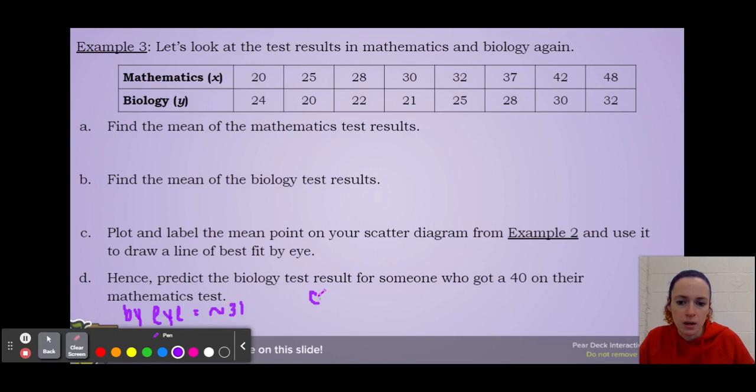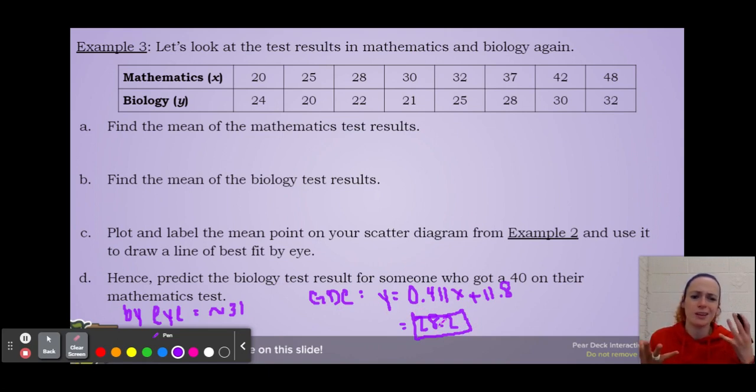But if I use my graphing display calculator, I get that my actual equation is somewhere around y equals 0.411x plus 11.8. And then subbing in 40 for x, I would get that the biology test result would be about a 28.2. So IB would probably accept anywhere between like a 28 and like a 32, probably just depending on how accurate your line was.